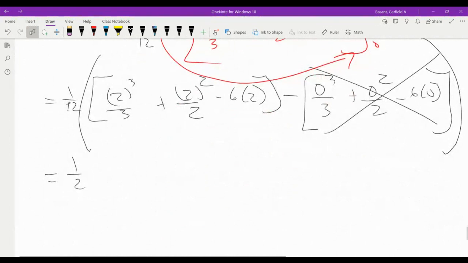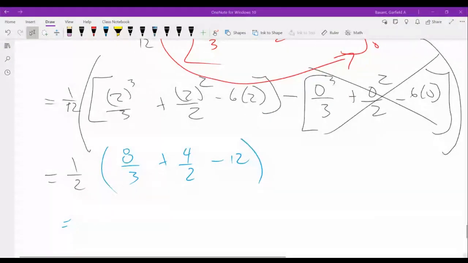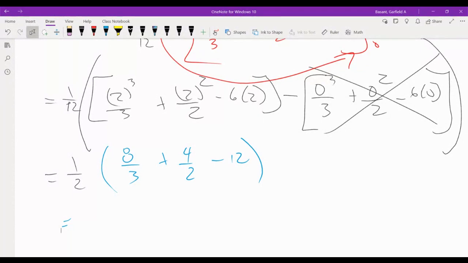And what was the answer for this? This is going to give us some answer here. This was actually 8 over 3 plus 4 over 2 minus 12. And I think I got an answer from MyMathLab for this one, which they said was 48. Look, I wrote 2 again. 48.